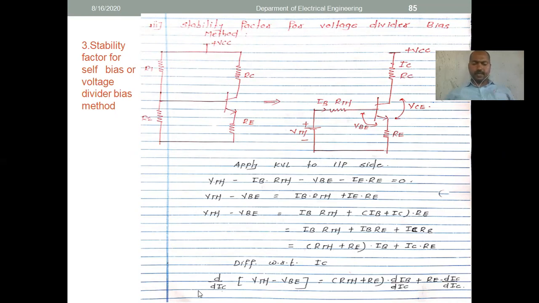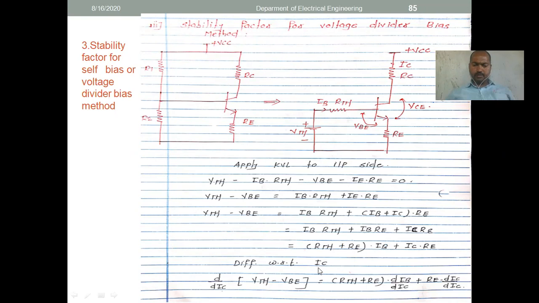So d/dIC of this equation, which is VTH minus VB equal to RTH plus RE into IB plus IC into RE, right?